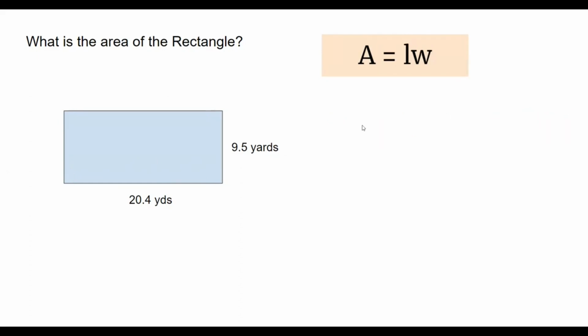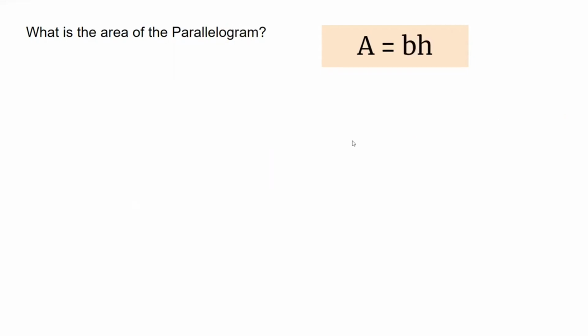All right, let's move on to a parallelogram. The formula for the area of a parallelogram is very simple. The area equals the base times the height. Looking at an example. Now, one thing that problems might try to do is trick you into using extra dimensions. We only need a base and a height to calculate our area.